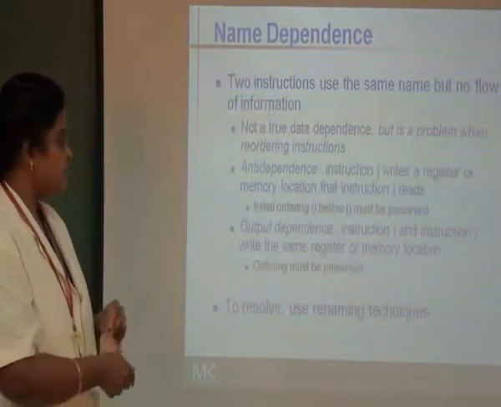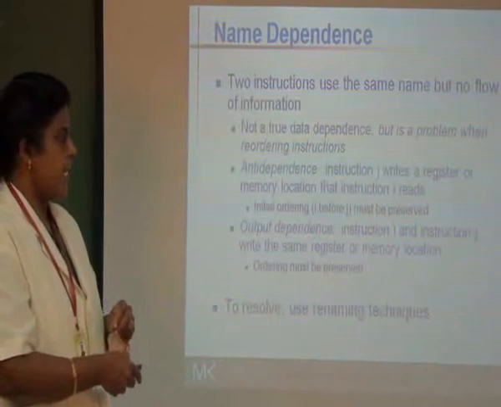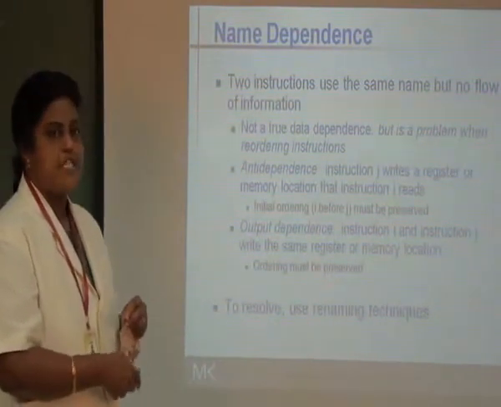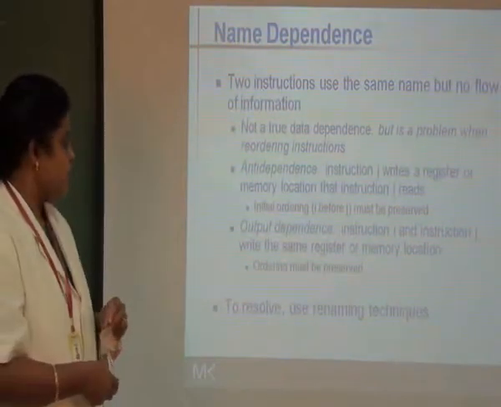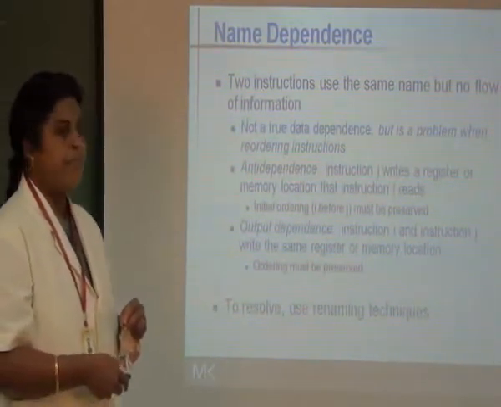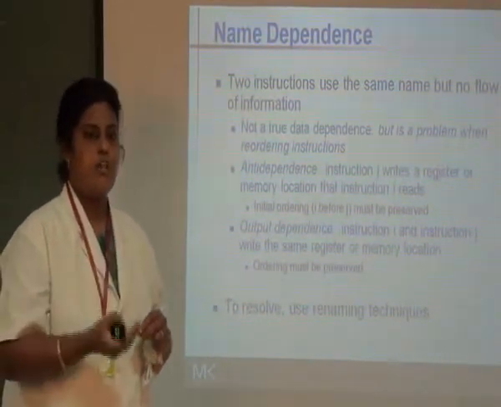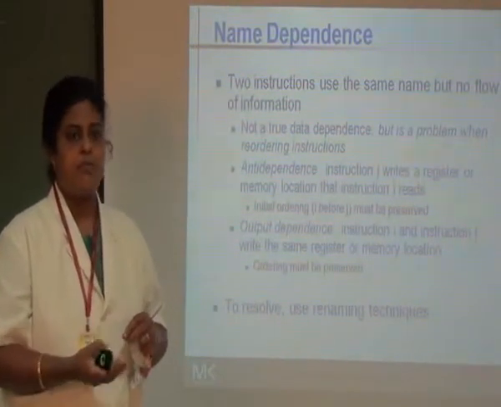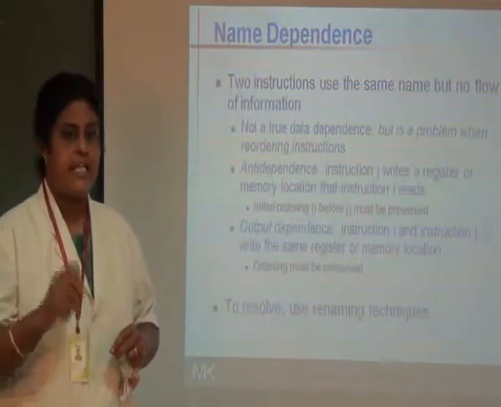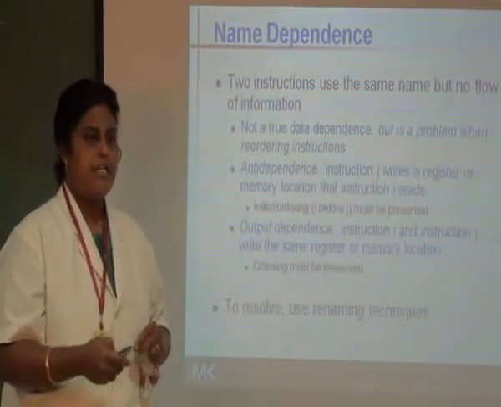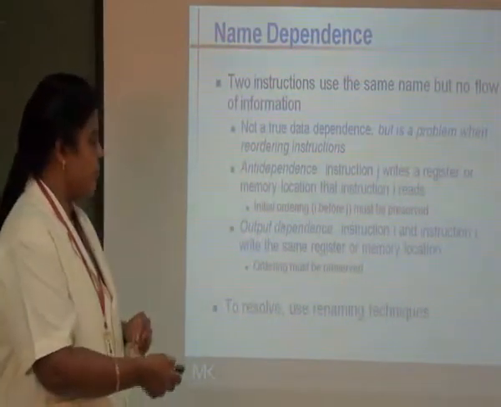The ordering of the instructions I as well as J must be preserved once again in order to eliminate this output dependence. So to resolve, use the renaming technique. In order to solve both the anti-dependence problem as well as the output dependence problem, we have to use the renaming techniques. The renaming techniques are coming in the following topics.